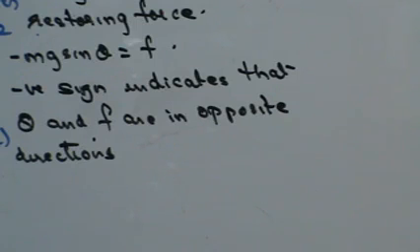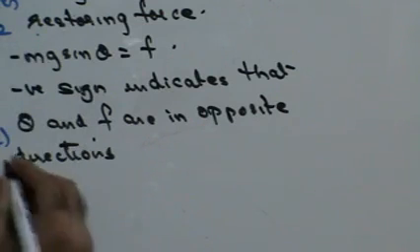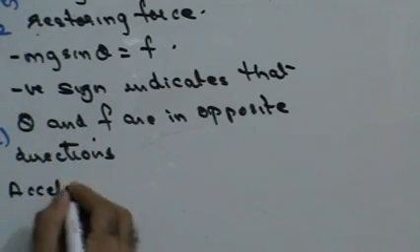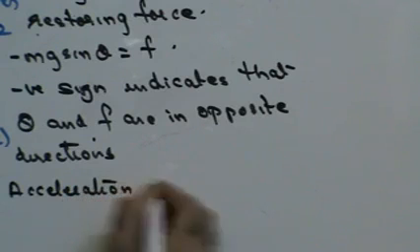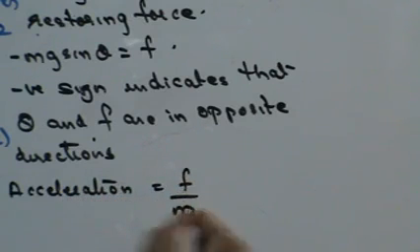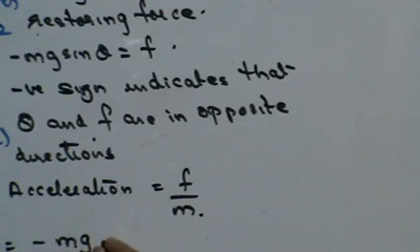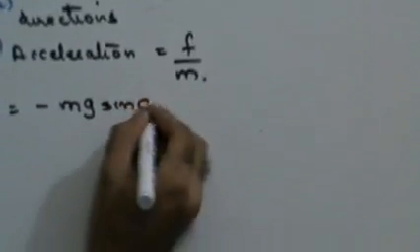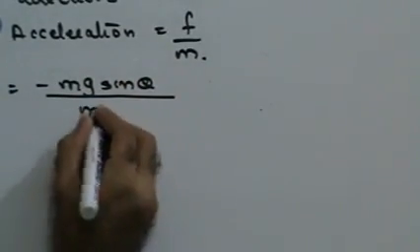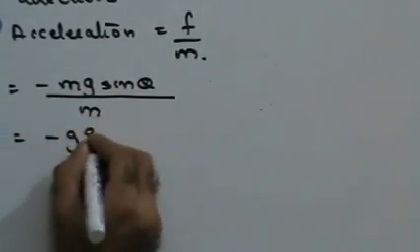Now, I can say that acceleration a is equal to F upon m. So this is going to be minus mg sin theta upon m, so that's minus g sin theta. So the acceleration that is going to be acting on the bob is minus g sin theta.